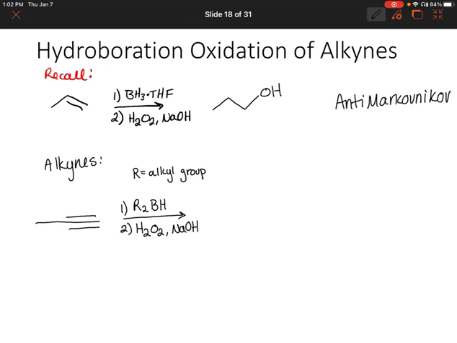Okay, so with an alkyne, we're going to still add an alcohol to the less substituted carbon, but that triple bond turns into a double bond. So if we have an alcohol next to an alkene, what do we call that molecule? We just learned about it in the last video.